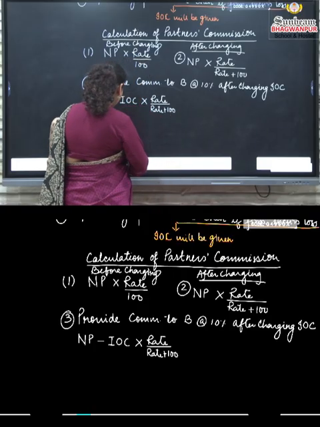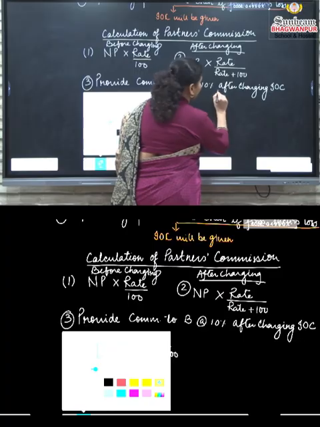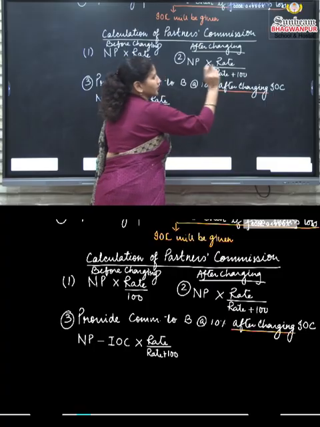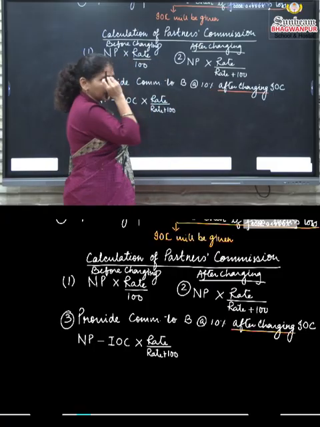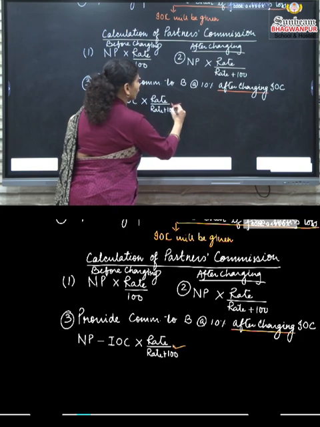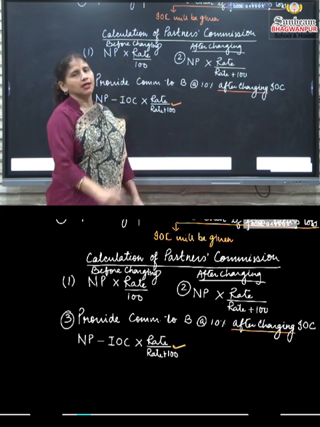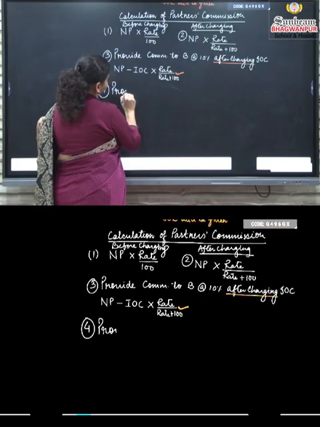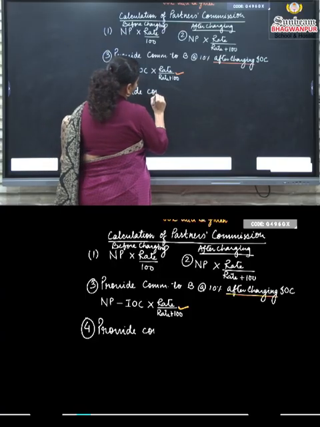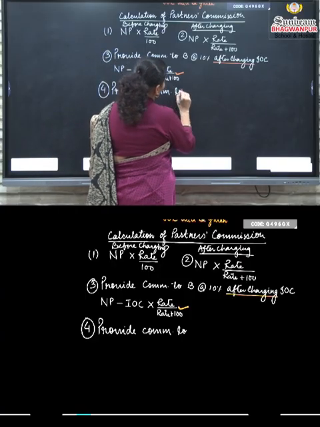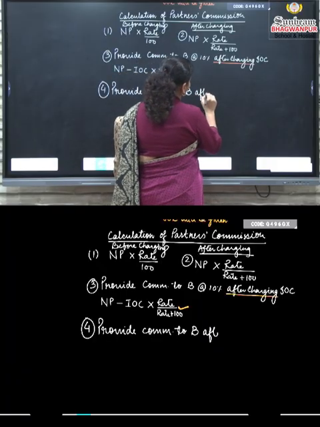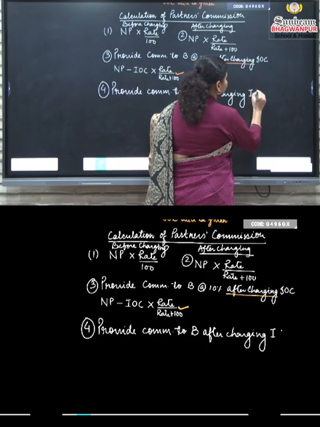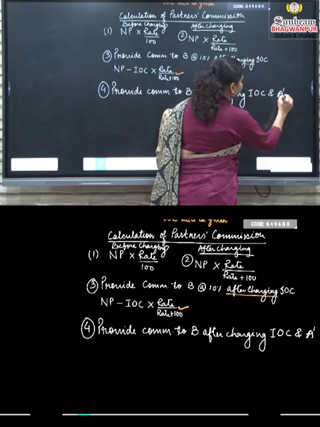Why rate plus 100? Because here it is written after charging. Remember, whenever you find the words after charging, you have to use the formula rate upon rate plus 100. Now the next: provide commission to be after charging interest on capital and A's commission.